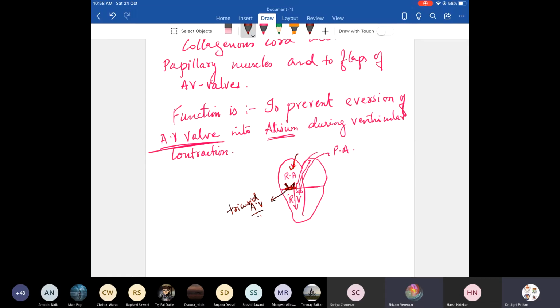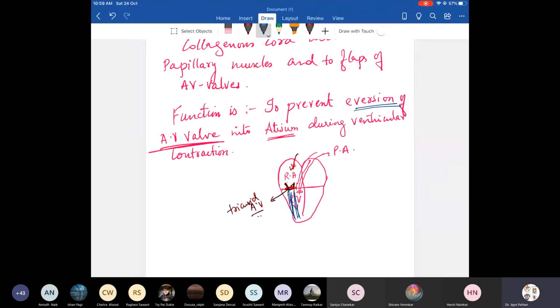They can get inside the auricle. So to prevent this, there is a cord that holds the tricuspid and bicuspid from below, so that eversion does not happen. Eversion means they cannot get into the right auricle when the ventricle contracts. To keep them in the same place, chorda tendineae is required. They are holding from the lower side.